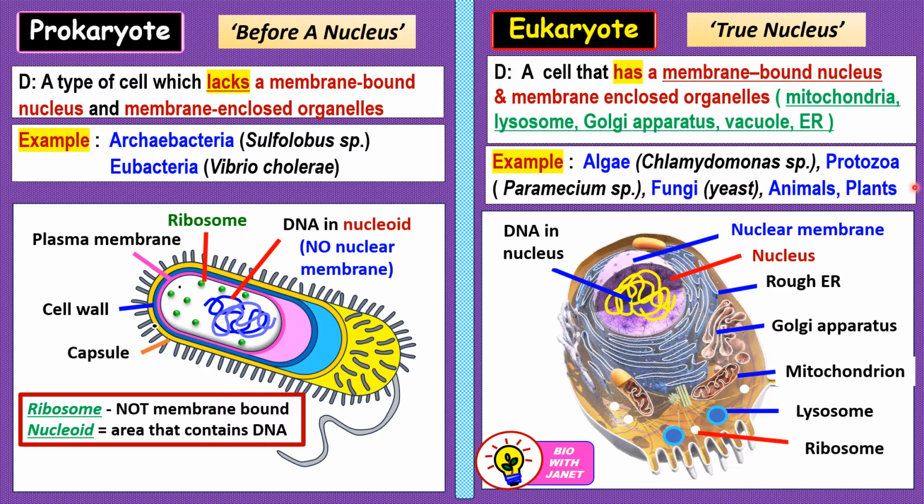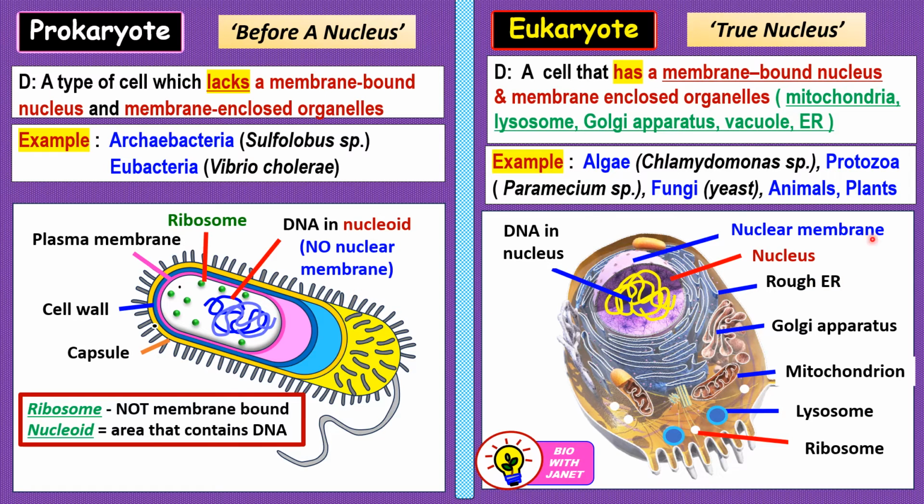Now, examples of eukaryotes or eukaryotic cells are found in algae, protozoa, fungi, animals, and plants. So these are all more advanced in their structures compared to bacteria, which are prokaryotes.